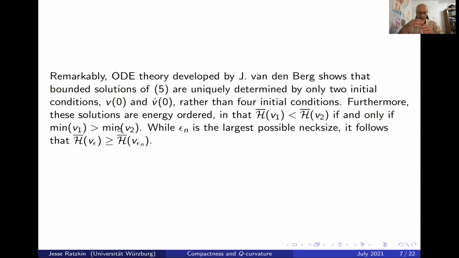So you can think of translating all of your solutions such that they achieve a minimum value at t equal to 0, and then you essentially have all of your solutions determined by one parameter, that value at 0. And the Hamiltonian energy of all my solutions is monotone in this parameter. That's what we have.